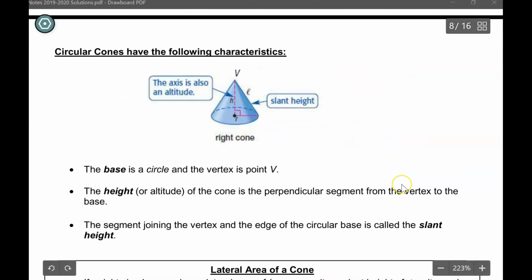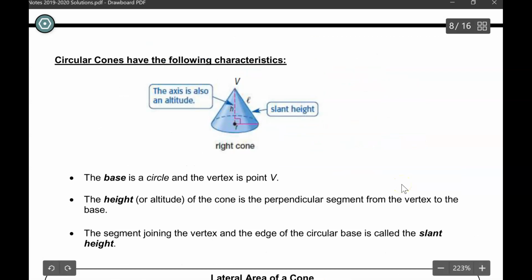Okay, so now we just want to look at cones, circular cones. So similar to the pyramid, we have a vertex. We only have 1 base, so the base is going to be that circle. The height, right, is going to be the perpendicular segment from the vertex to the base. So notice the height is going right in the center.